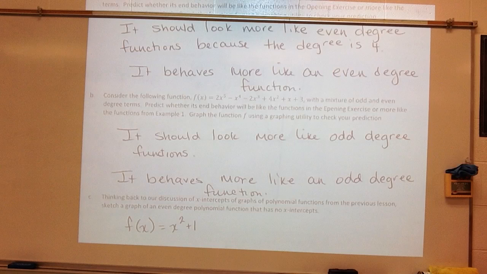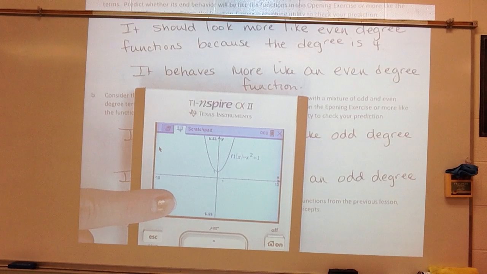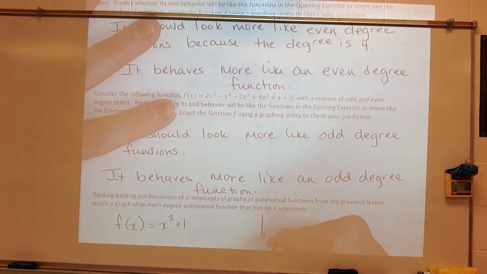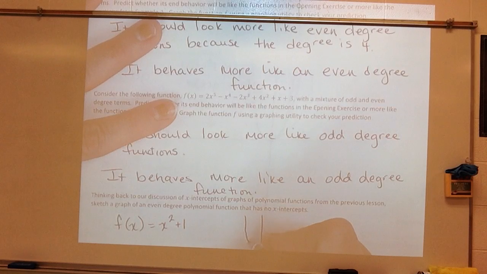And if you draw that, because I have that plus 1, because I'm adding that 1, then therefore it does not have an x-intercept. It would look like this.